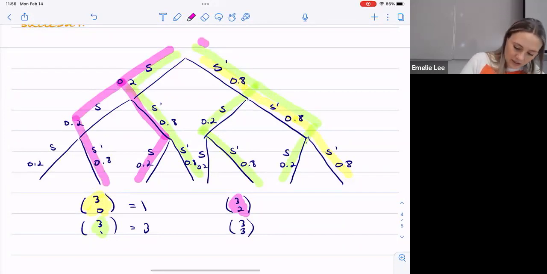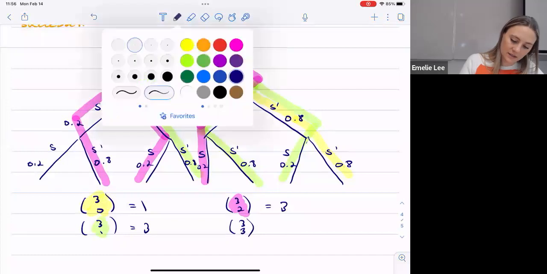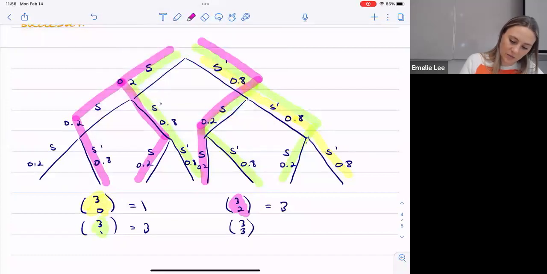If I don't get it in on the first one, then I have to get it in on the second one as well as the third one, because there's no other branches. So this is also 3. How about exactly 3? 3 out of 3 ain't bad. There's only one way that can happen.